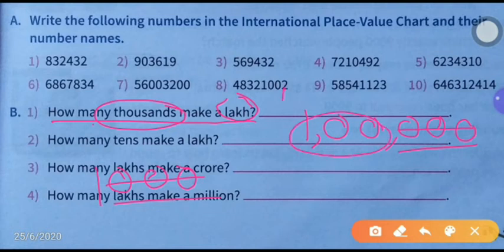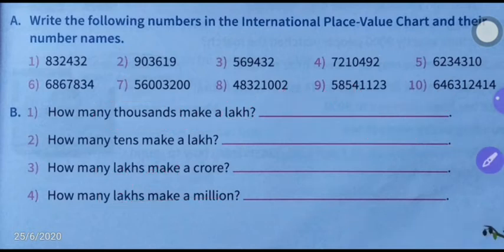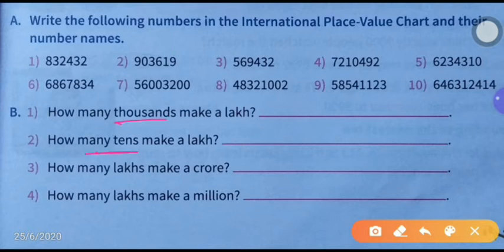That means 100 thousands make a lakh. Like this you have to write. First write the given number, and then cut the zeros of the tens, thousands or lakhs.